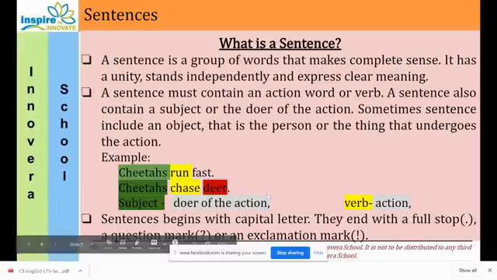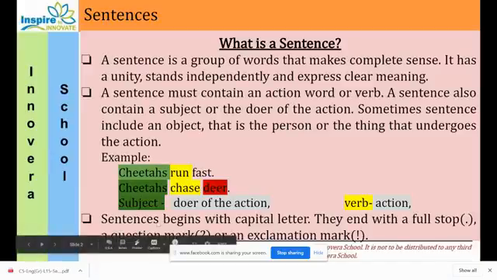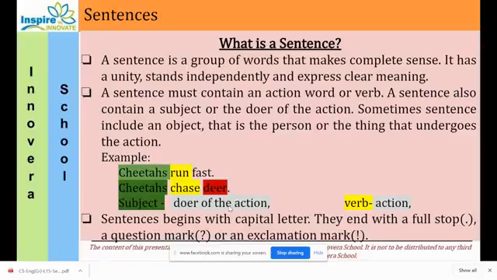This cheetah is the subject, which is the doer of the action. And then where is the verb? Yes, the verb is run or chase. Yes, these are verbs and these are action words. So in each and every sentence you will find there is a subject and a verb. These things are compulsory.